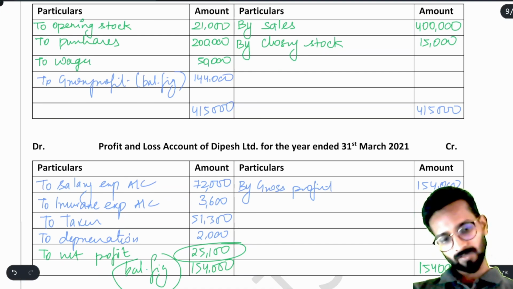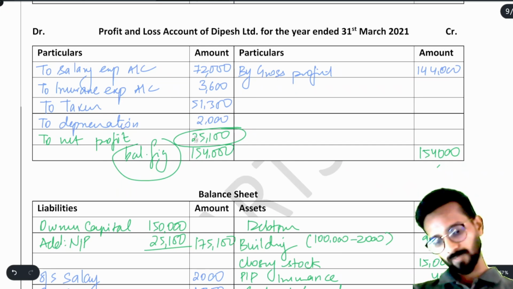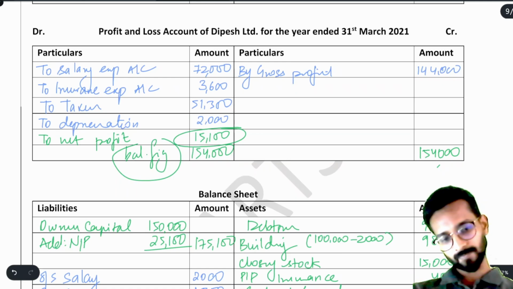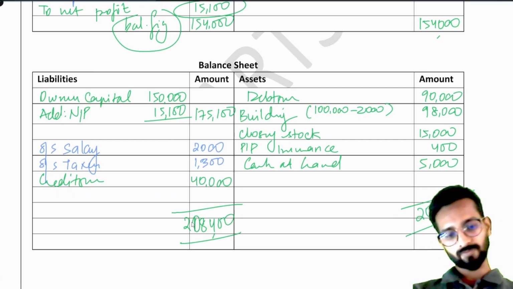Now here also gross profit will be 1 lakh 44, because it has been reduced by 10,000. So your net profit will also reduce by 10,000. It will become 15,100. And then net profit here will be reduced again by 10,000, it will be 15,100, and here it will be 2,08,400.